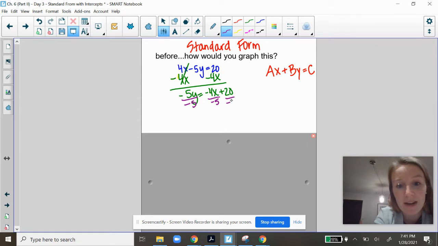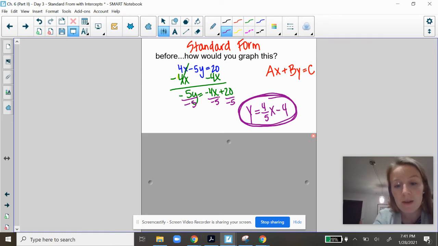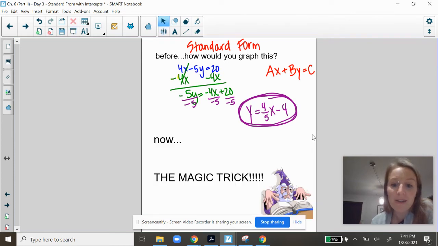Everything gets divided by negative 5. And I end up with y equals 4/5 x minus 4. This is now in my slope-intercept form, right, which I know how to graph. I have my b value to start with, and then I have my rise over run. Well, what if I told you I had a magic trick to show you?